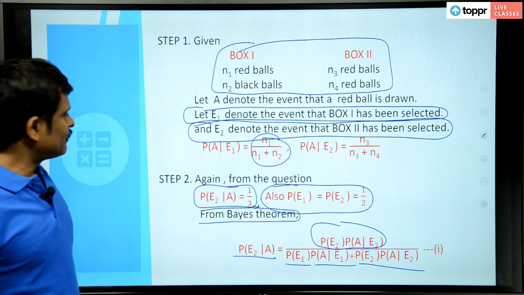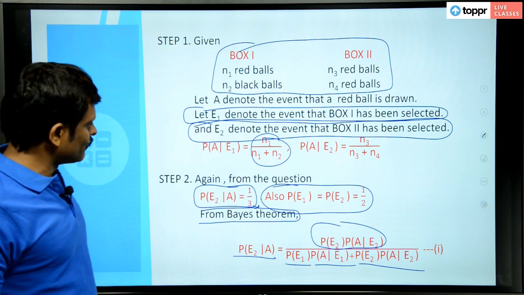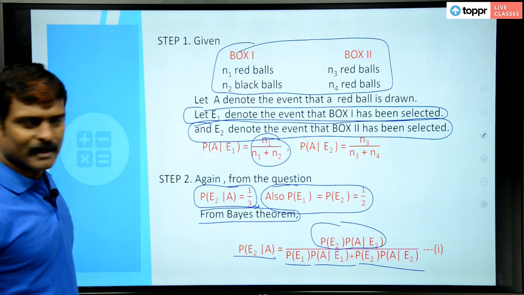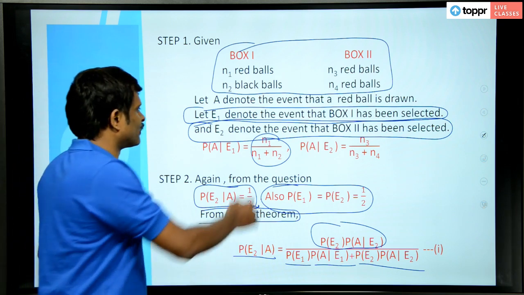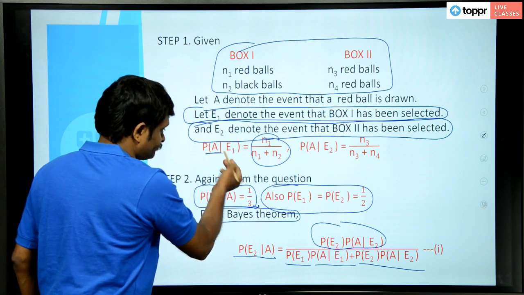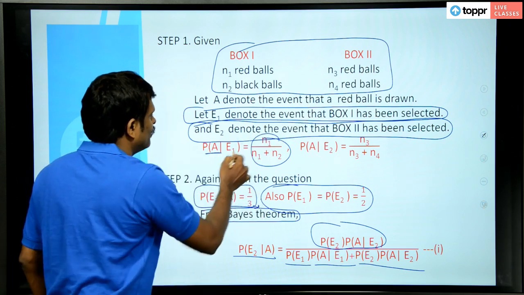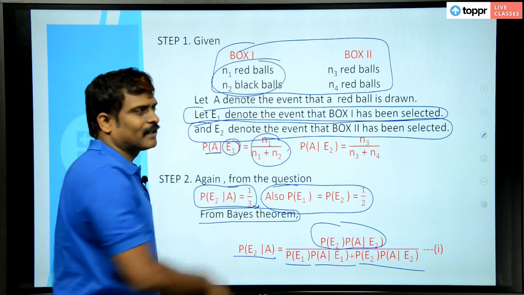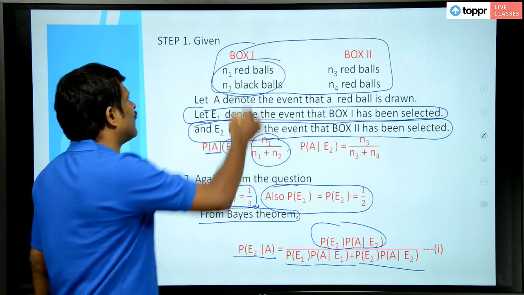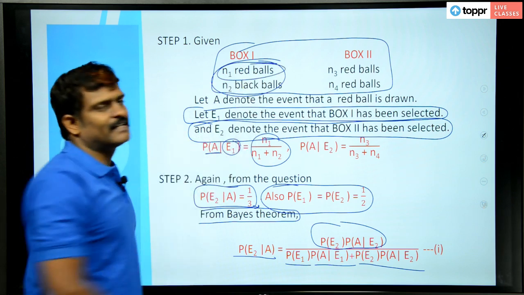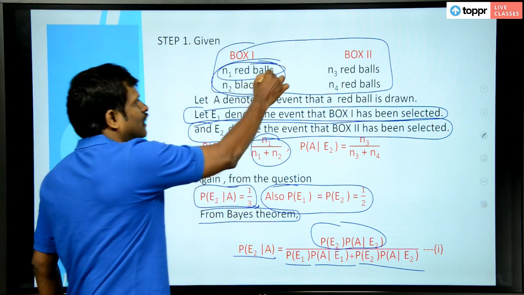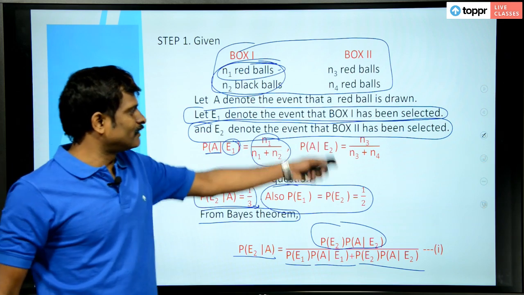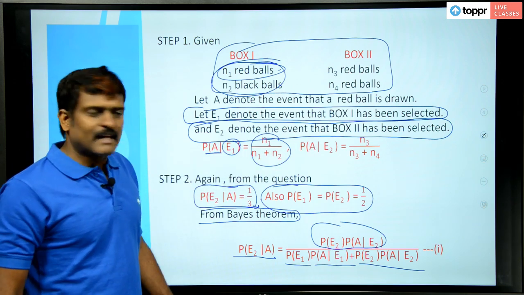Probability of A given E1 is n1 by n1 plus n2 and probability of A given E2 is n3 by n3 plus n4. It is simple: probability of A means selecting a red ball from E1. In E1 the total balls are n1 plus n2 and the possible success is n1, since we are looking for a red ball. So, n1 by n1 plus n2, similarly n3 by n3 plus n4.